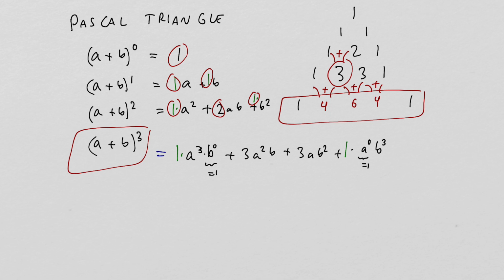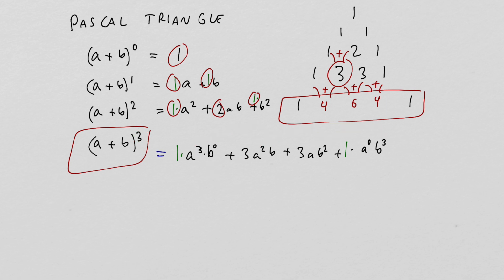So we can see that the powers of a start from the same number 3, and they get all the time smaller and smaller. On the other hand, the powers of b get larger in every step.